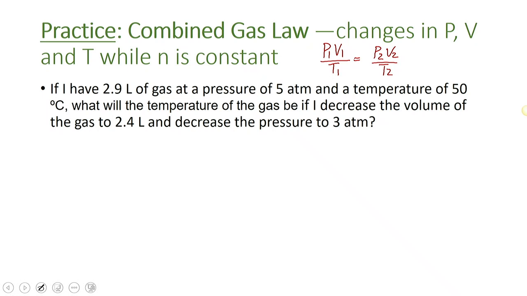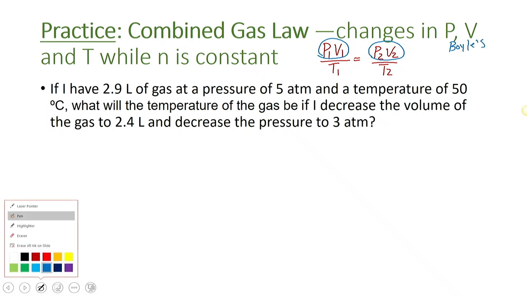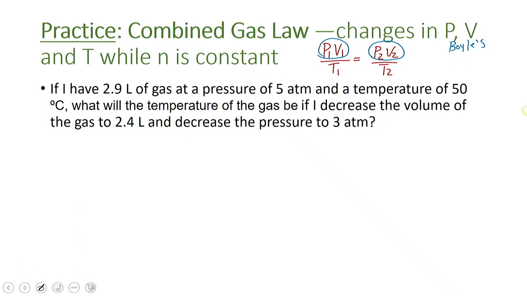What do we have? Let's see, what are the different laws that we can look at? We've got P1 times V1 is equal to P2 times V2. That's Boyle's law. We've got, let's go to green, V1 over T1 is equal to V2 over T2.